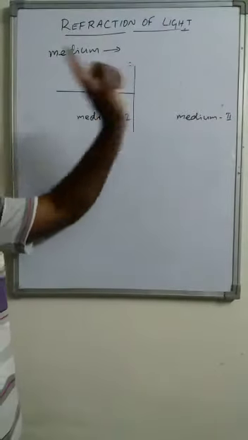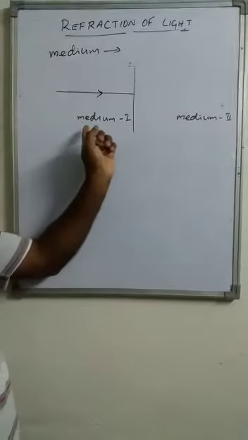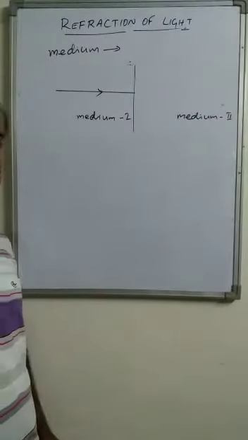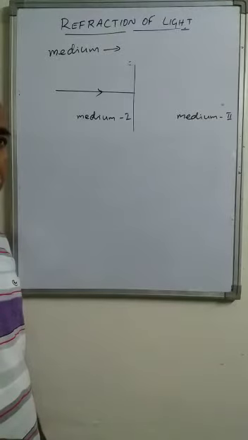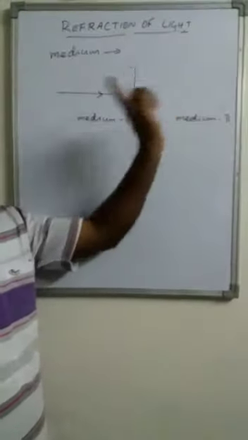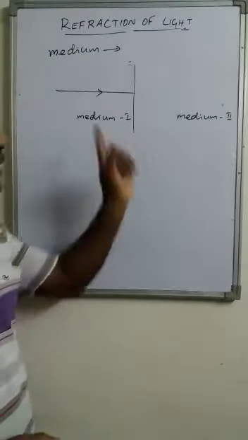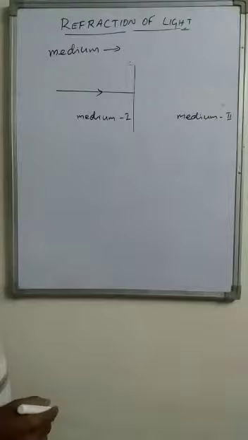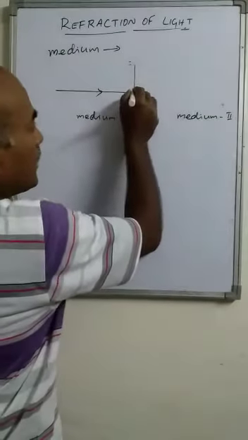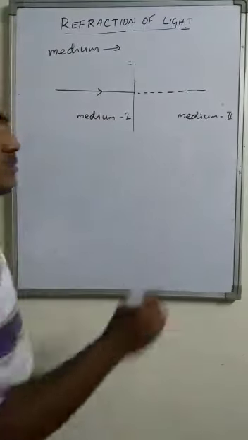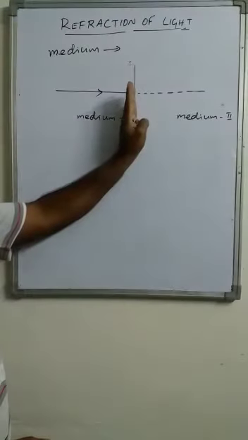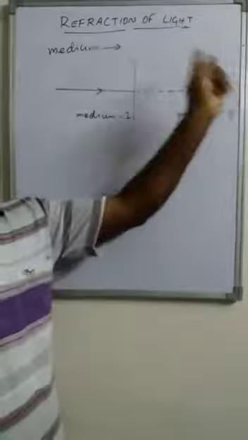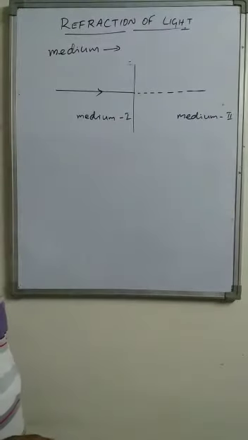If it enters from one medium into another medium, the path of light changes, it deviates from its original path. This is the path along which light travels. If the medium does not change, it travels along the same straight line.